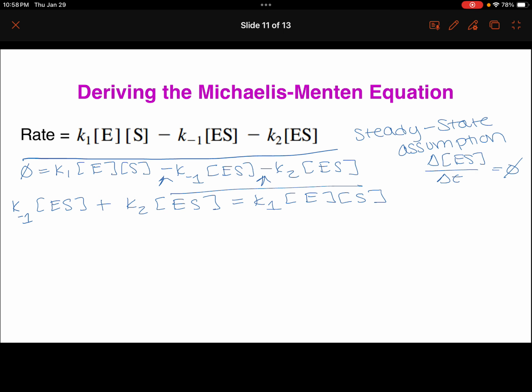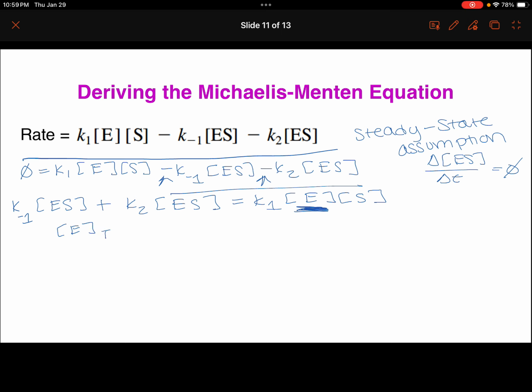But now we have a problem because we have some things in here that we can't measure, specifically our free enzyme. Because our substrate concentration is so high, we don't really know what that is, all right? What we do know is how much enzyme we initially added. So we know our total enzyme concentration.